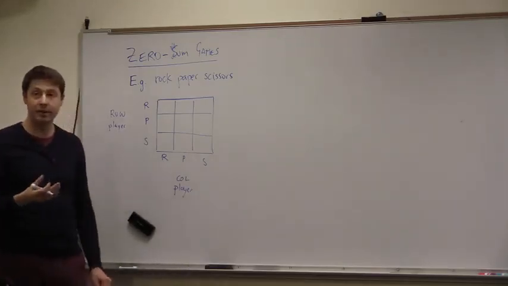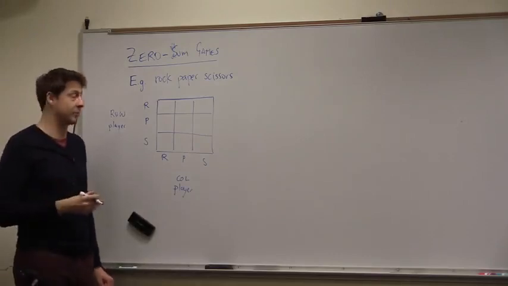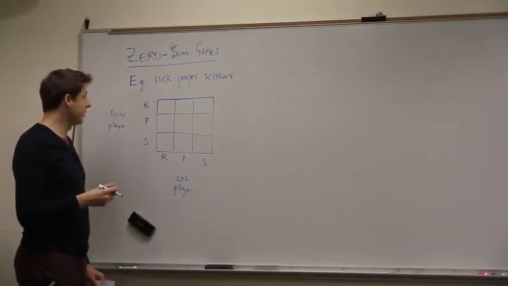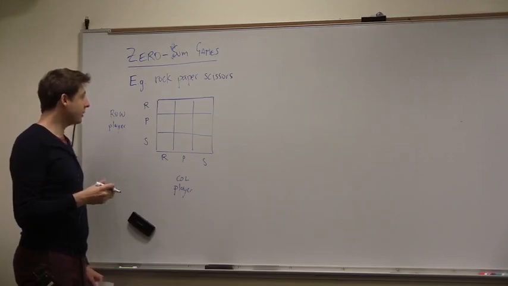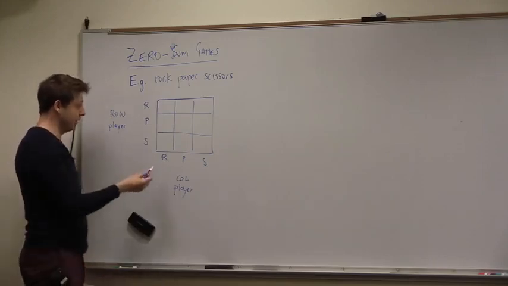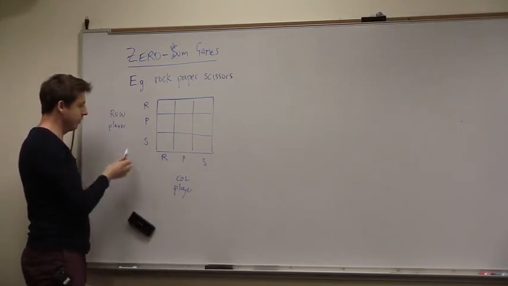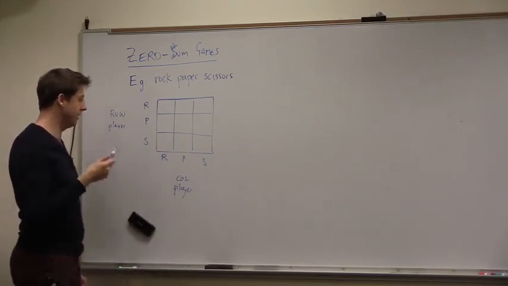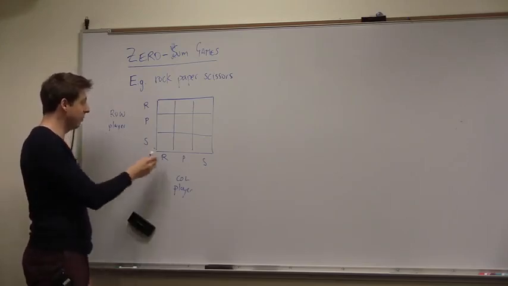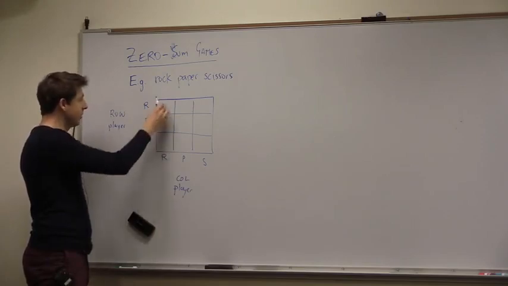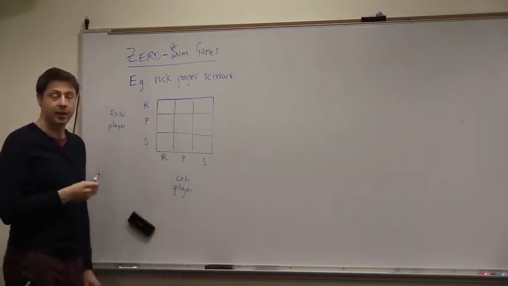And now we want to model these 9 outcomes. So as you may recall, in this game, when you play the same strategy, say both players play rock, so that would be this cell over here, then that is a tie.